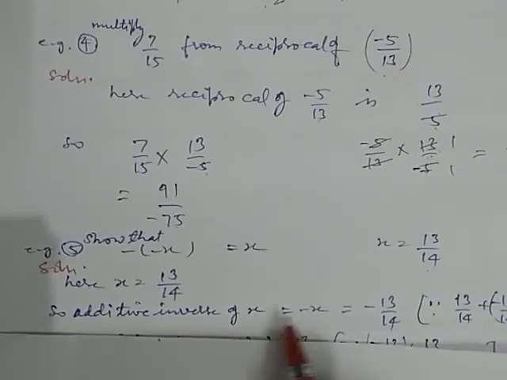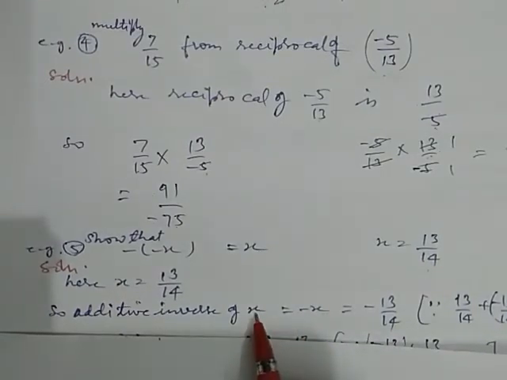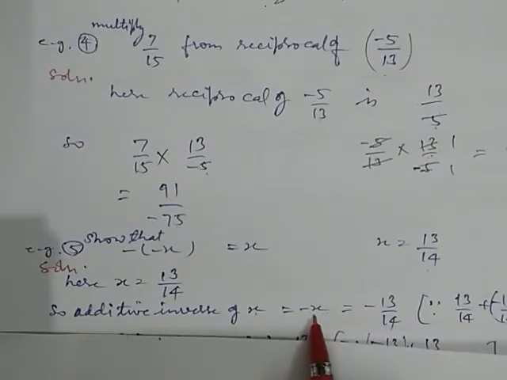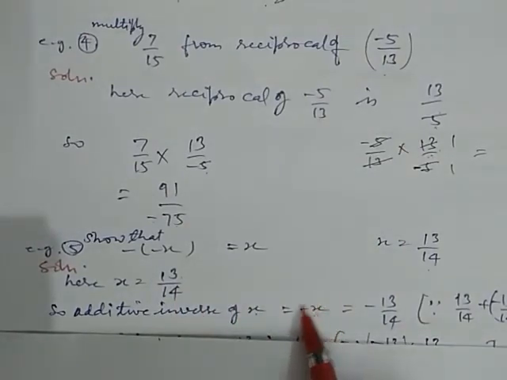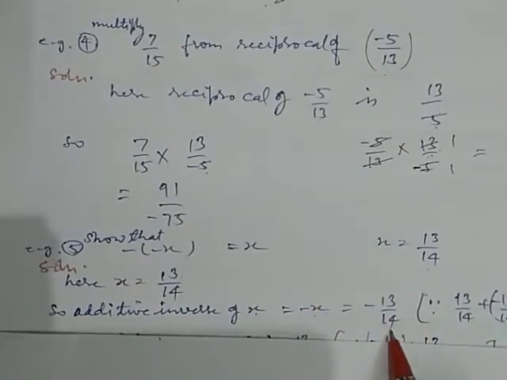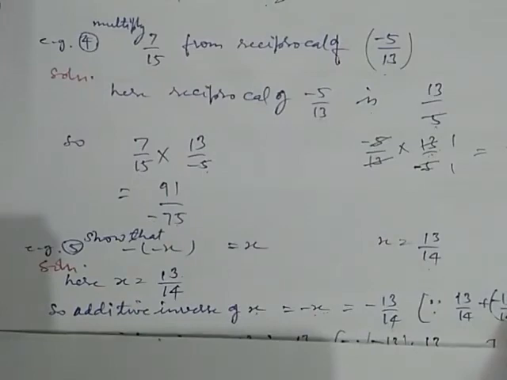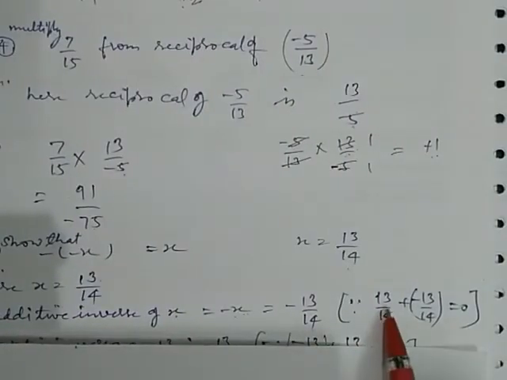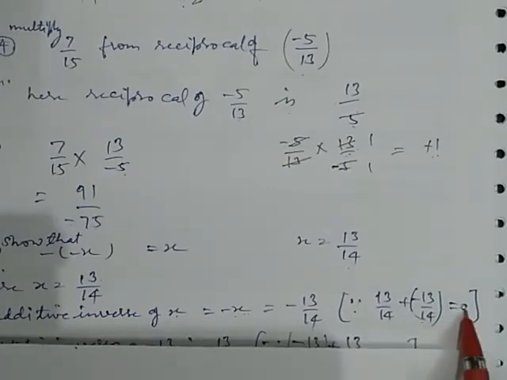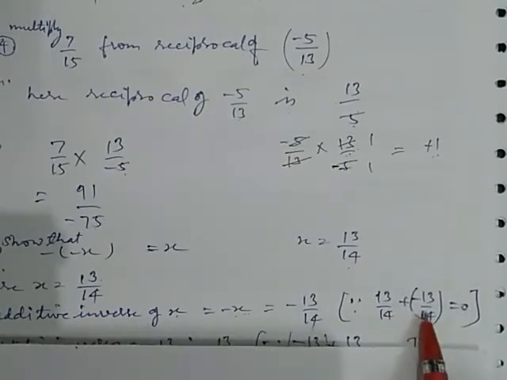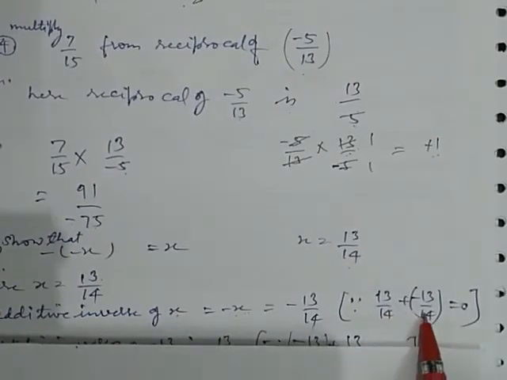When we add minus x to x, we get 0. So these are additive inverses of one another. And here the value of x is 13 by 14, so the value of minus x is minus 13 by 14. Here we check: 13 by 14 plus minus 13 by 14 equals 0. So these are additive inverses of one another.